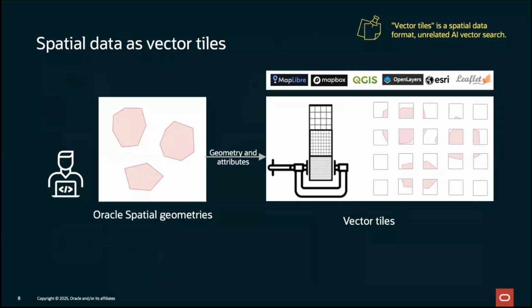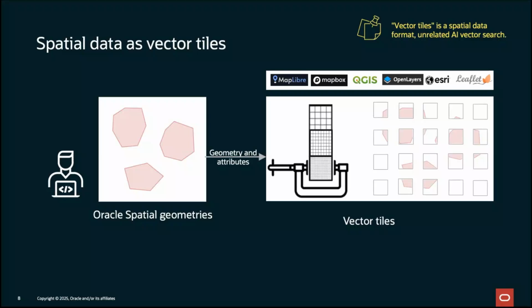Okay, that's the preamble, and now to get into the first topic. So we're going to talk about vector tiles and H3, and of course define what they are, and then get into them. So first, what vector tiles provide is a highly optimized, compressed format that is supported by all modern web mapping libraries and toolkits.